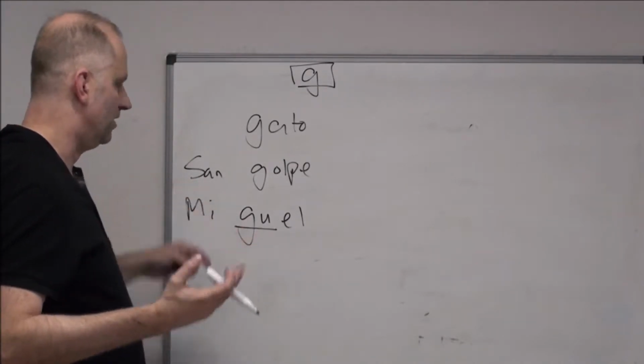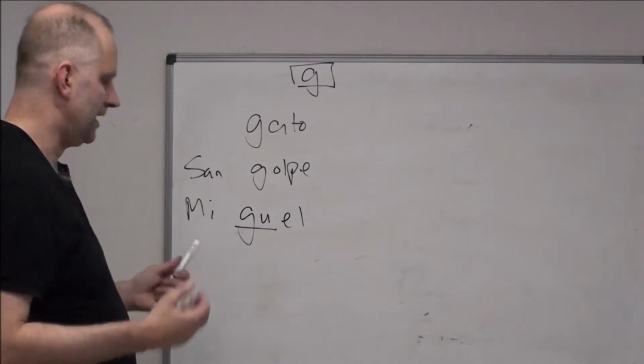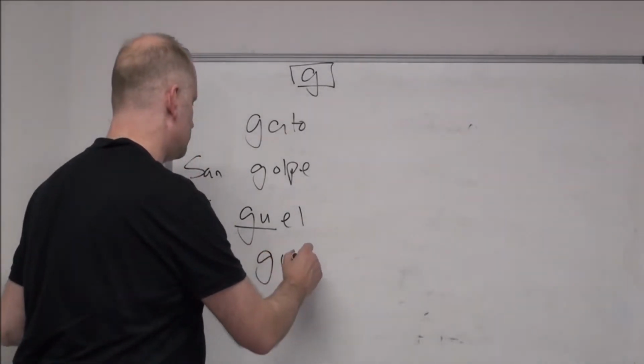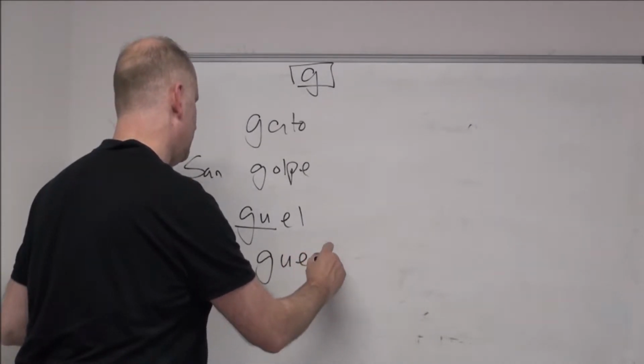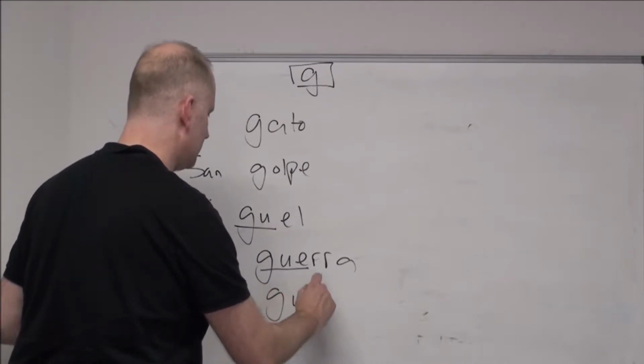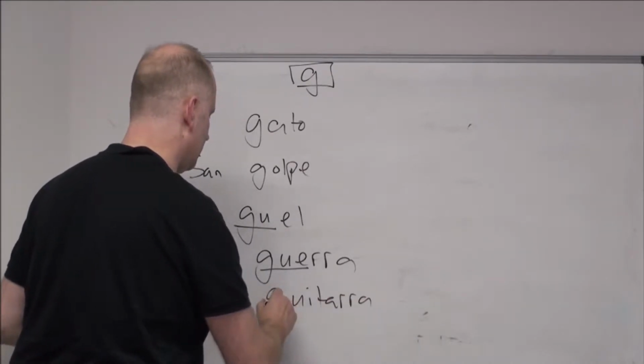You don't say, can I have a bottle of San Miguel? It's San Miguel. The word for war in Spanish is guerra. The word for guitar, guitarra.